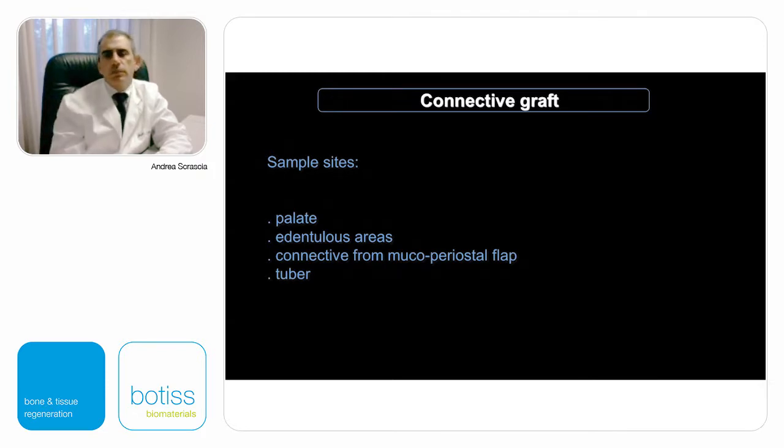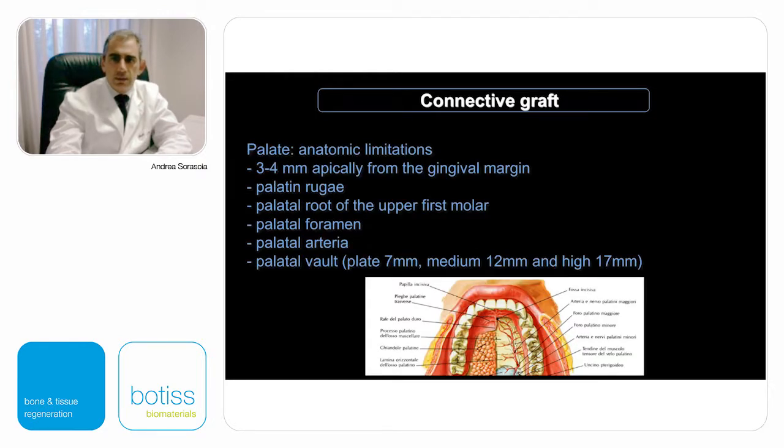Connective tissue graft can be taken from different donor sites, such as the palate, edentulous areas, mucoperiosteal flap, and tuber. On the palate, in the withdrawal of connective tissue, the most important factor for the donor site is the palatal vault.